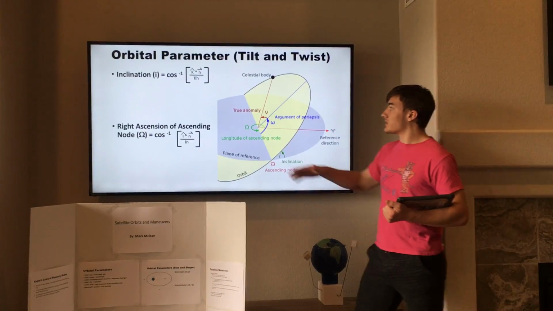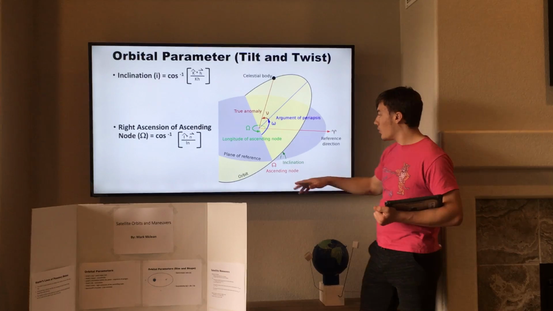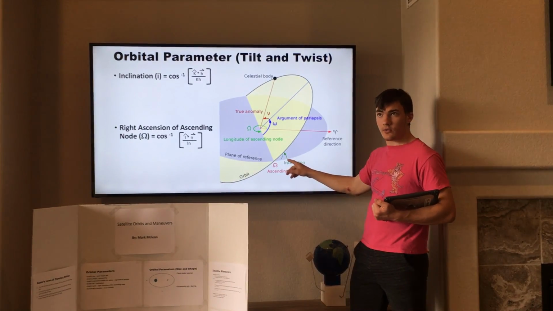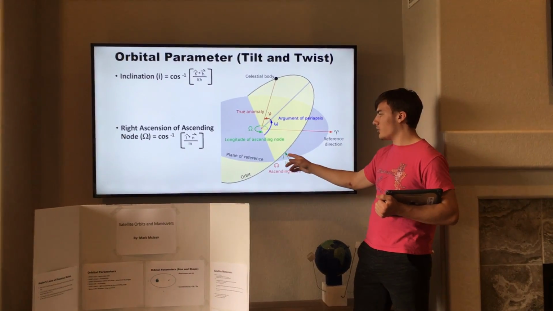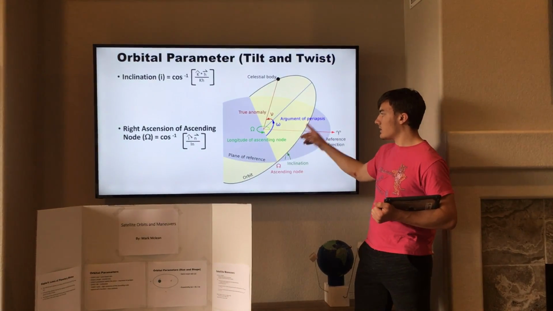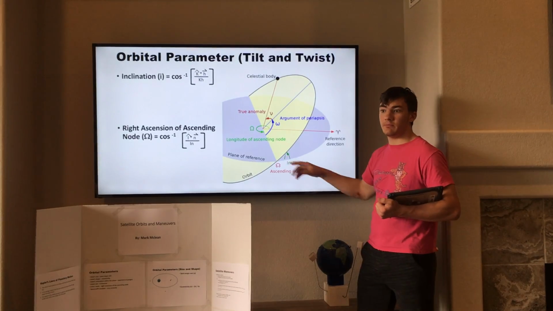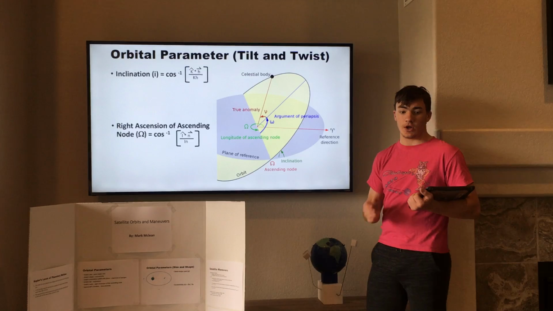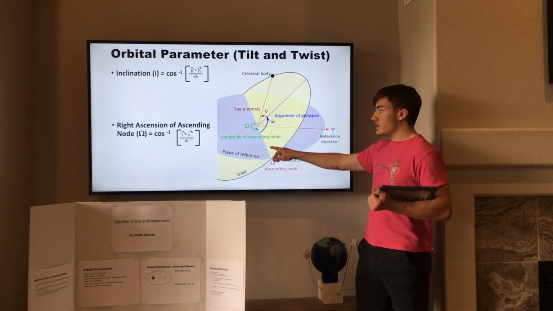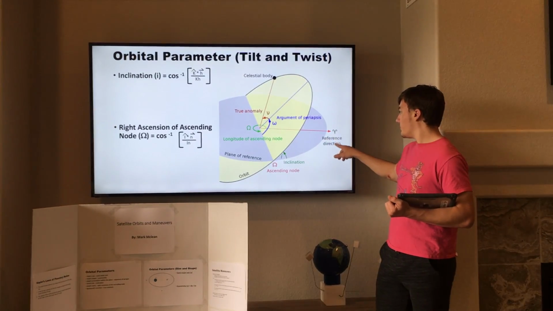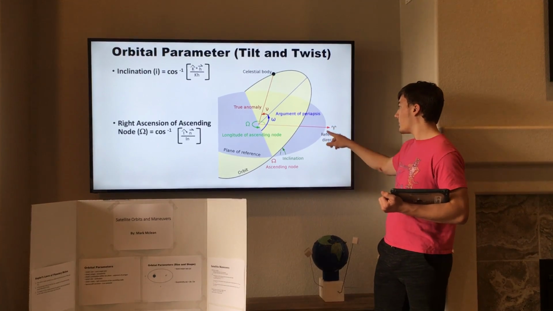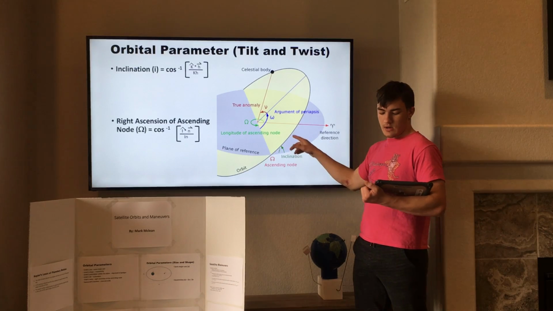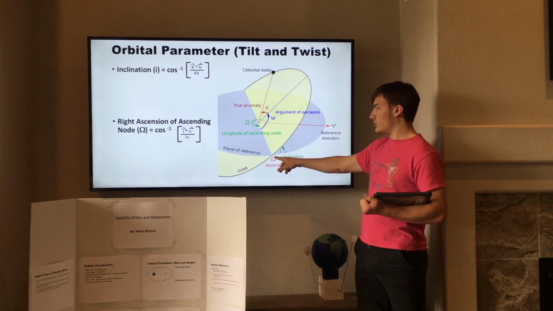The orbit's tilt is the inclination, or the angle between the equatorial plane and the orbital plane. The twist is the right ascension of the ascending node, which is the angle from the reference direction, or first point of Aries, to the ascending node here.